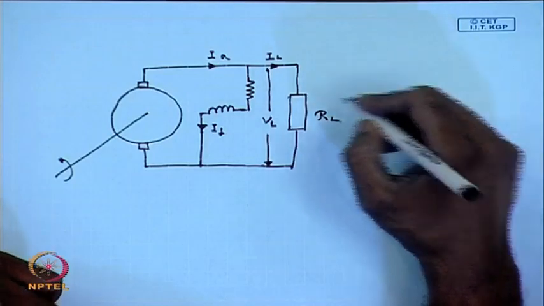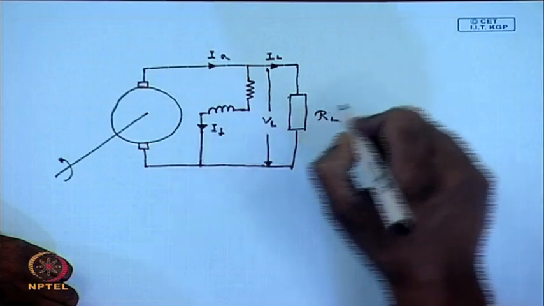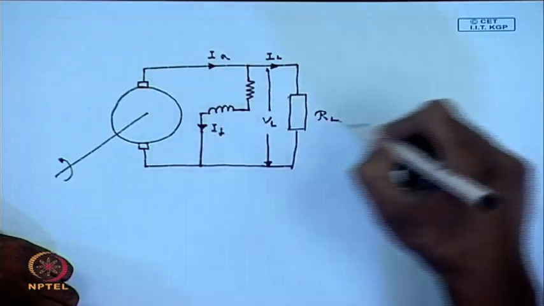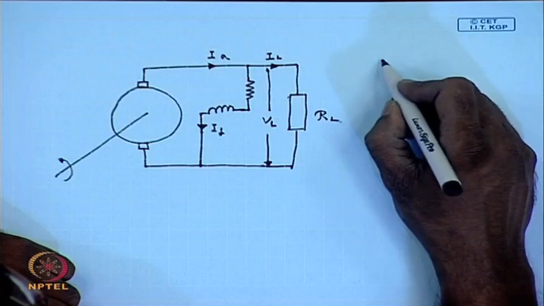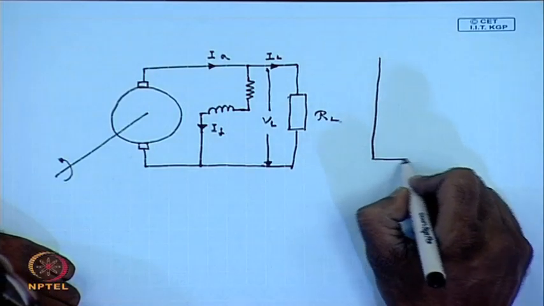We have seen if certain conditions regarding the circuit are satisfied, then the generator develops a voltage across its terminal. This process is called self excitation.